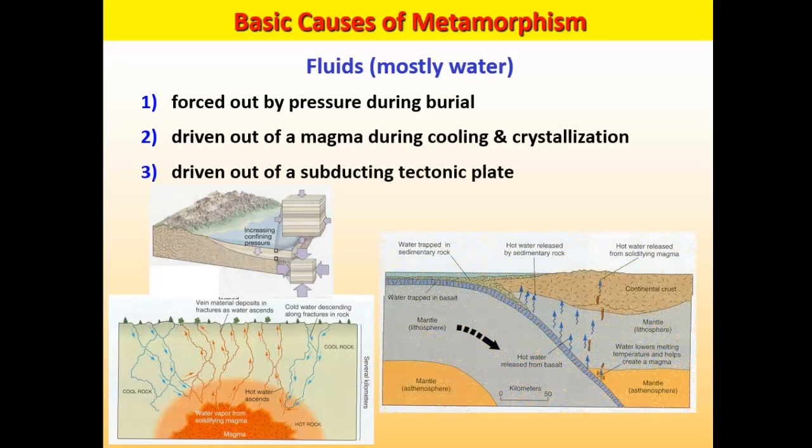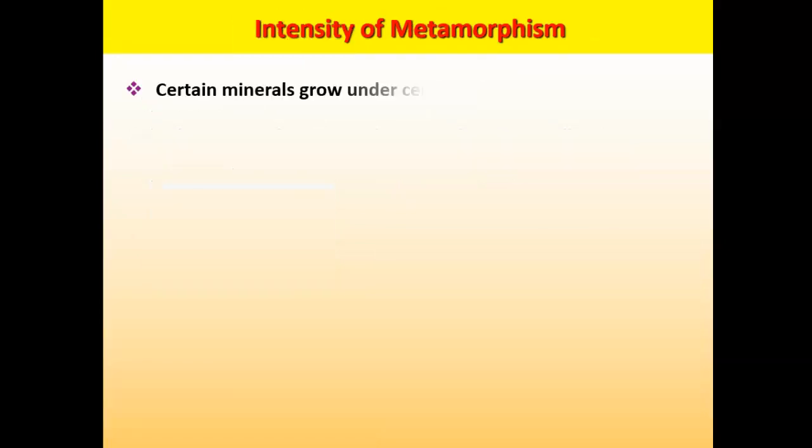And so certainly we can get fluids that also accompany these types of events. And usually they play a role in almost all of these metamorphic events, right? Whether it's regional or contact. So there's always some fluids that are helping with the change that we see in the properties of the rocks that have been metamorphosed.